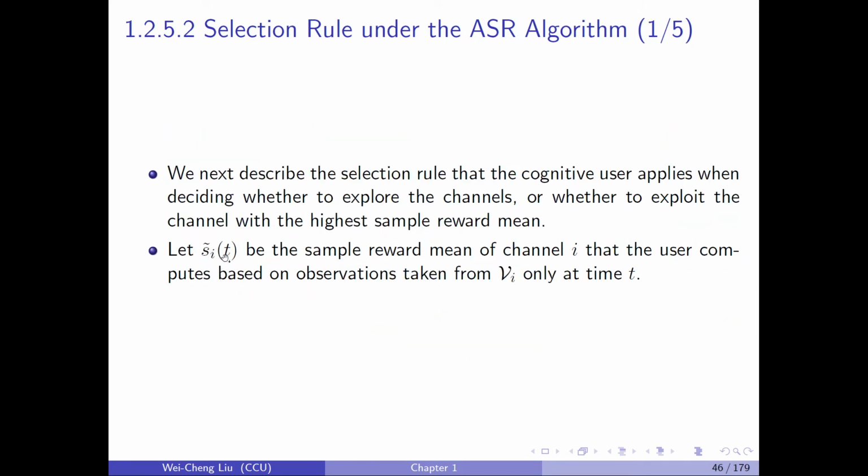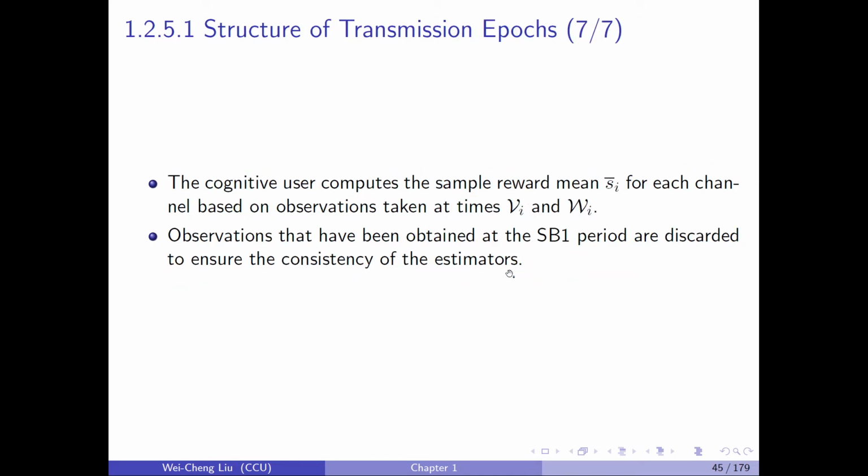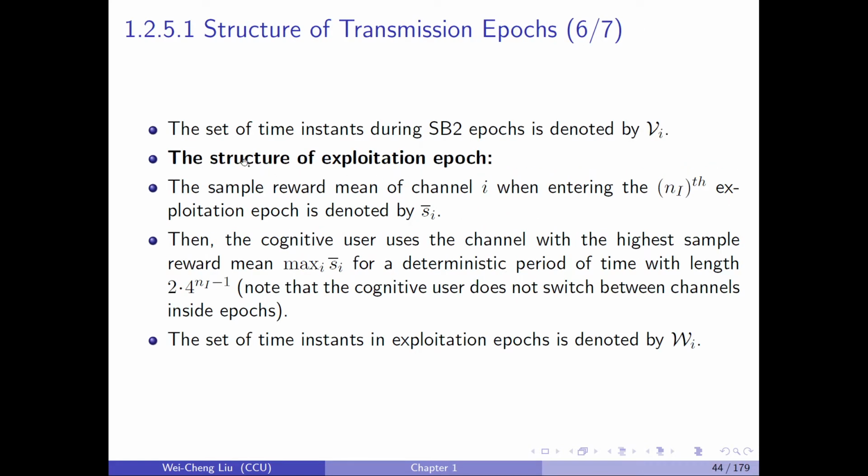S tilde I of t is the sample reward mean of channel I that the user computes based on observations taken from Vi only at time t. Then what is Vi? The set of time instants during SB2 epochs is denoted by Vi.